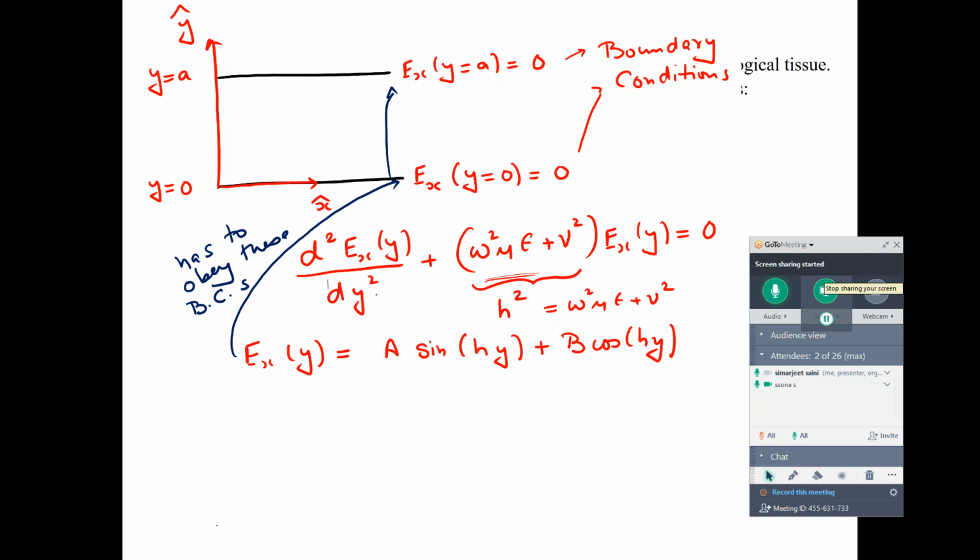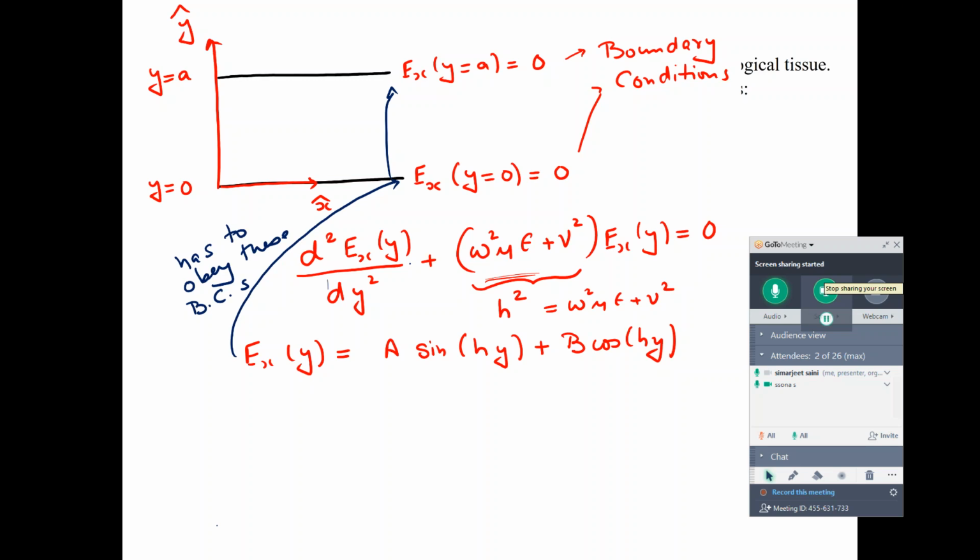You substitute the terms into the derivative, you will see that you'll basically get the h square term out, and you can convince yourselves that this would be the exact solution.